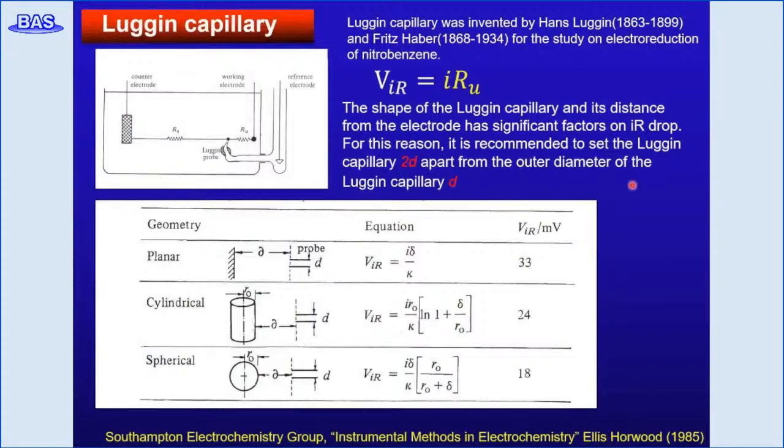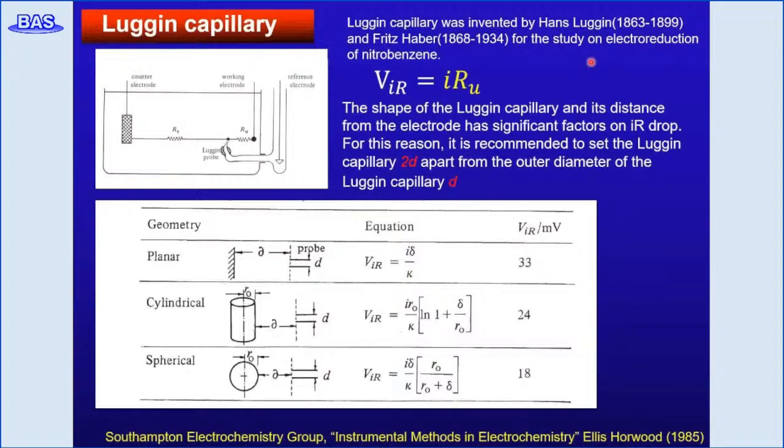The Luggin capillary was devised to control the potential by placing the reference electrode as close as possible to the working electrode. The Luggin capillary was invented by Hans Luggin in 1900. I'll talk about the short history of how the Luggin capillary was discovered.